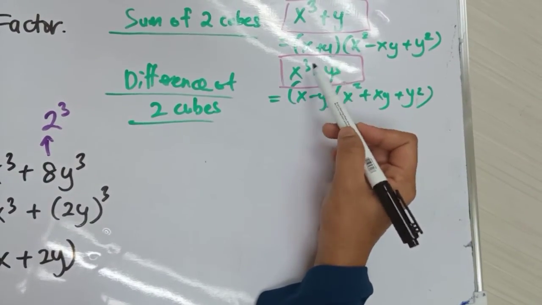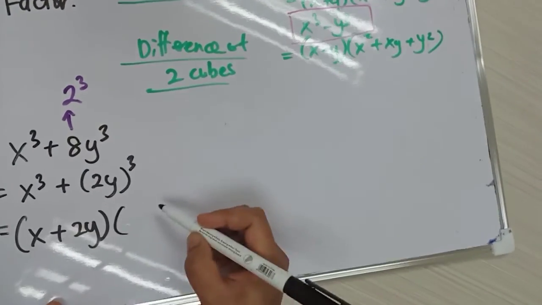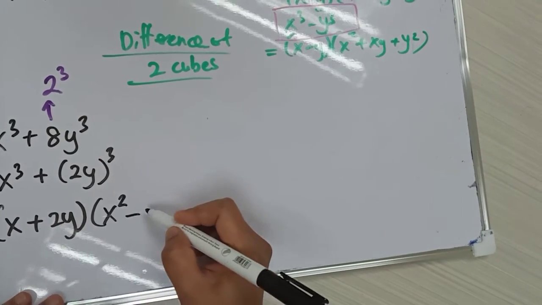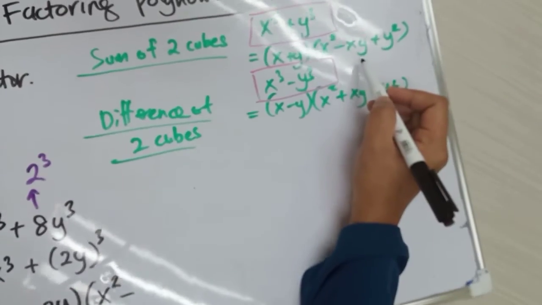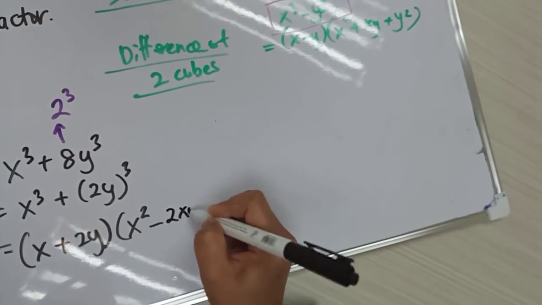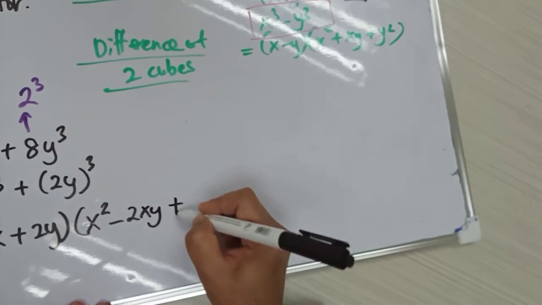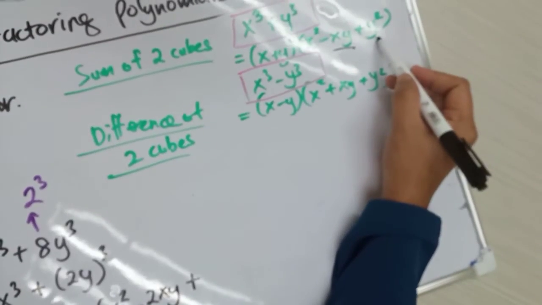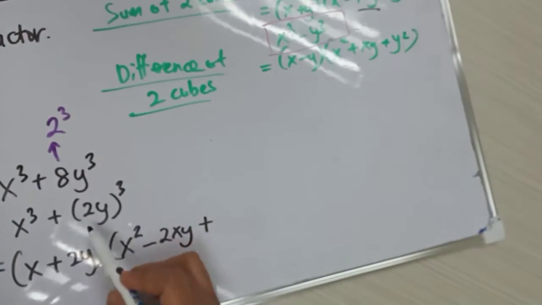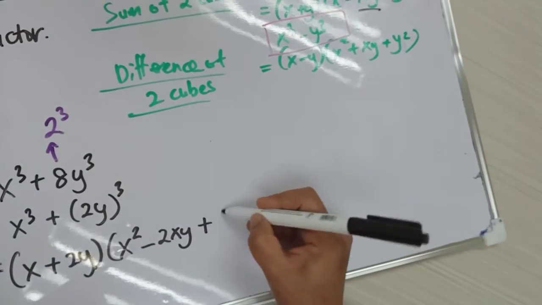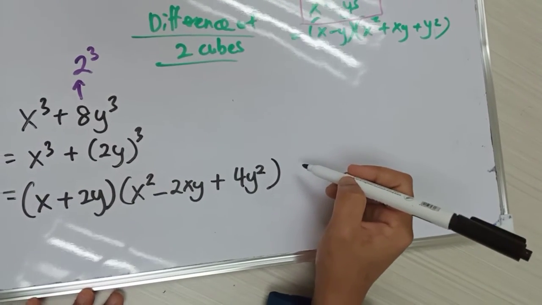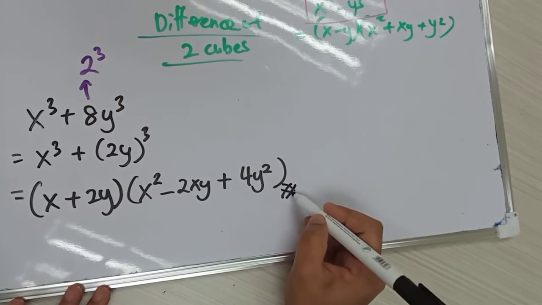In the second bracket we have x square minus, you have to multiply xy here, so it will be 2xy, plus y square. Now for the formula y square, this is our y, 2y, so there will be 4y square. Okay, so this is the answer.